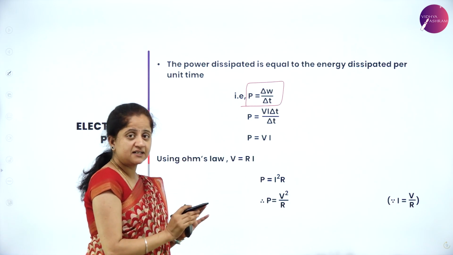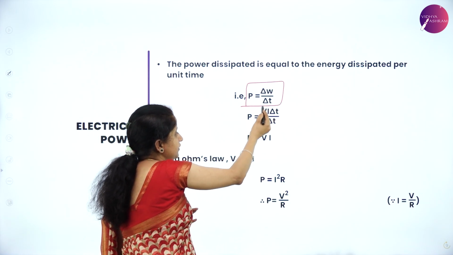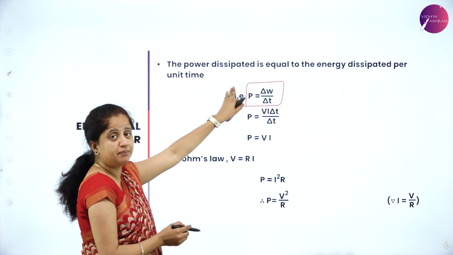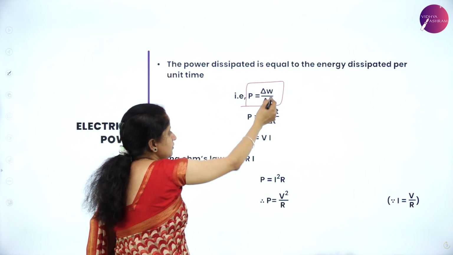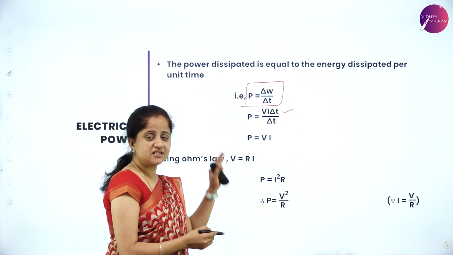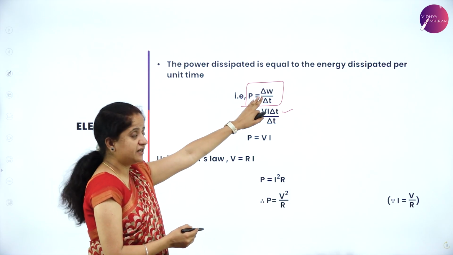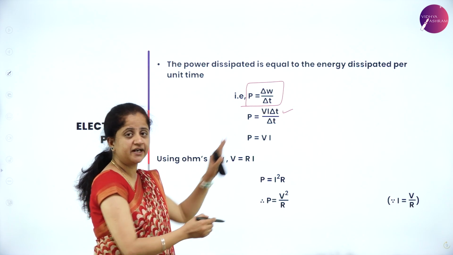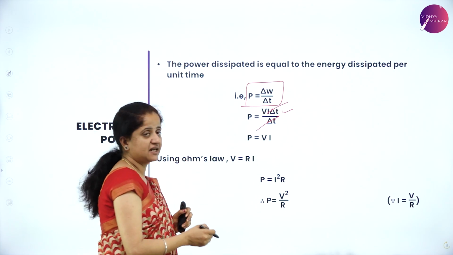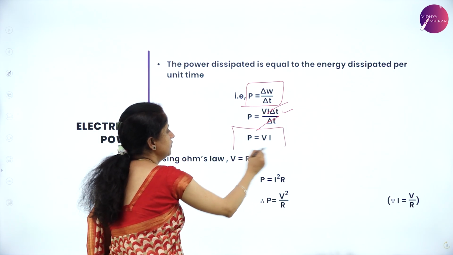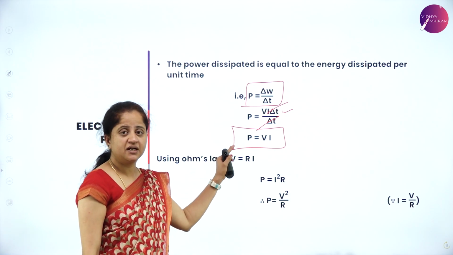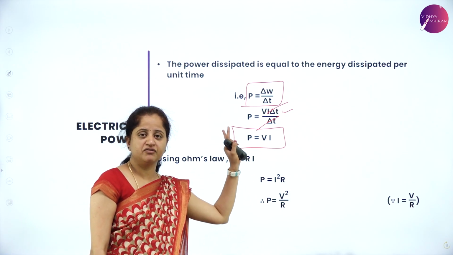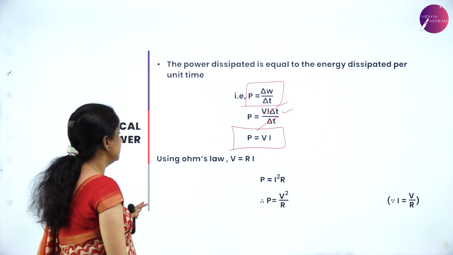That is the energy dissipated, so delta W is nothing but VI into delta T. Substituting this in the above expression, we get P is equal to VI delta T divided by delta T. These two get cancelled and we remain with P is equal to V into I. So the electrical power is nothing but the product of the potential and the current, V into I.